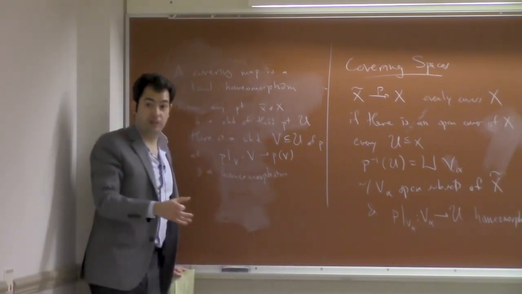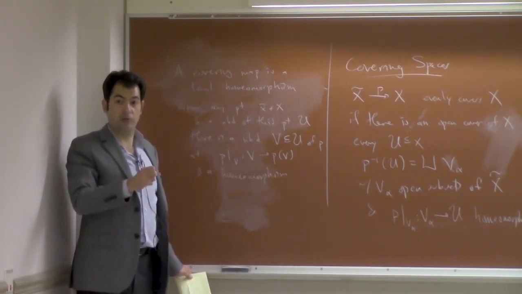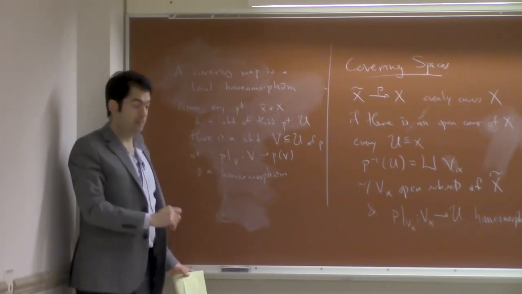Right? So again, it's for arbitrarily small neighborhoods, you get a homeomorphism.